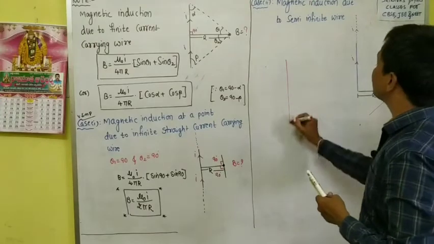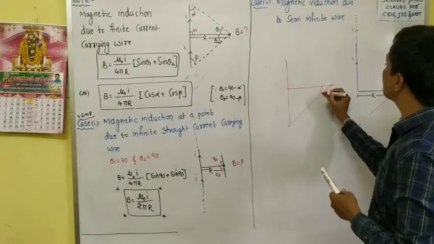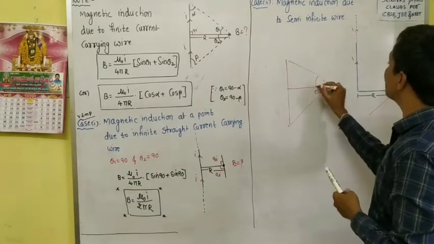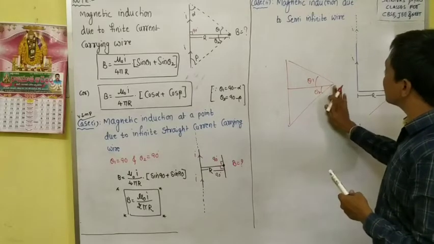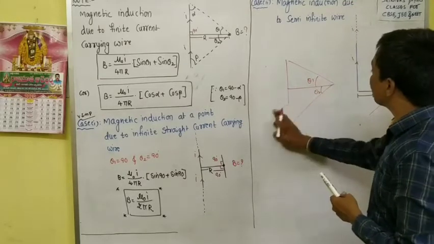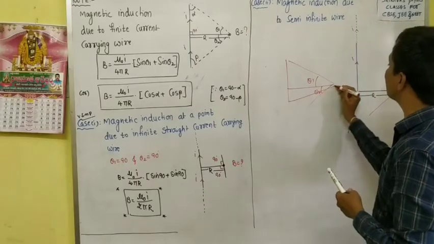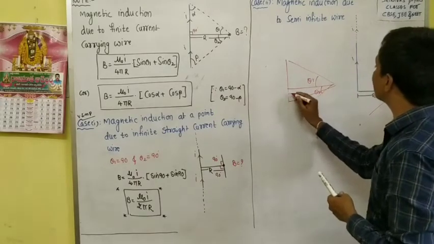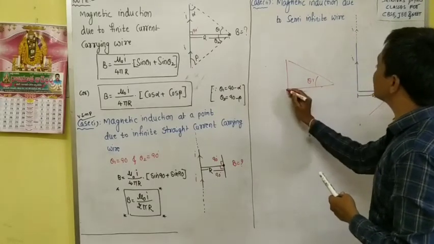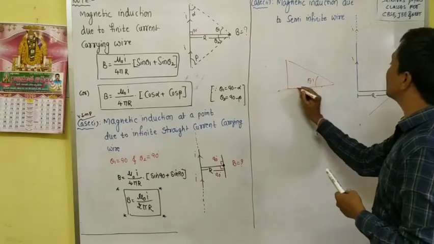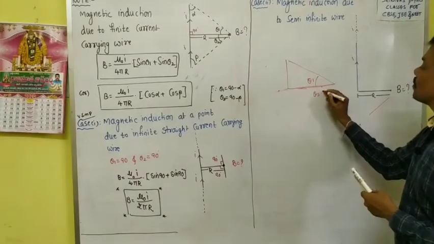For example, this is theta 2 and this is theta 1. If the wire is up to here only, then theta 2 will reduce, and if the wire ends right here, theta 2 will disappear and become 0.